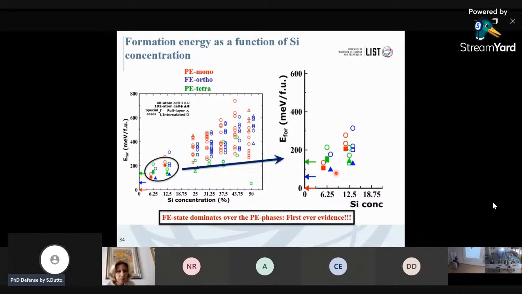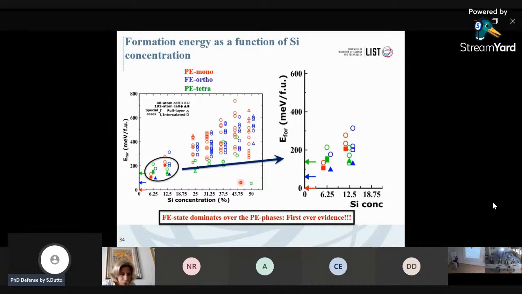So this was the first evidence in the literature where we could see that the ferroelectric phase dominates over the two dielectric states. Once we dope with silicon, these points are degenerate, and we want to prove that at a certain amount of silicon the tetragonal phase takes over.